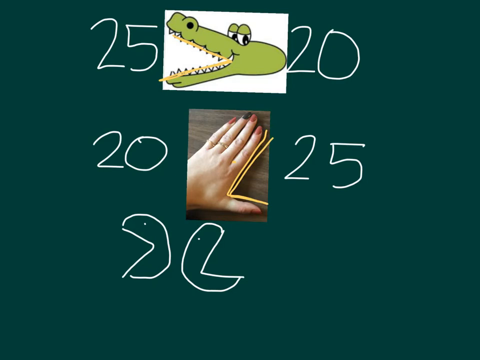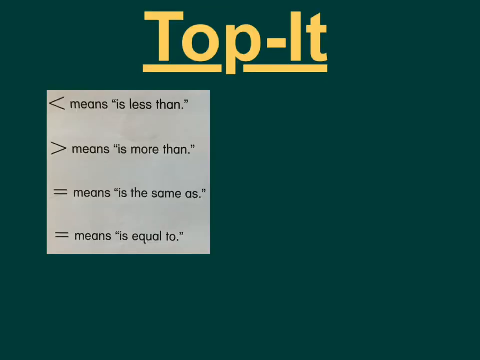And it shows when a number is smaller than another number, because 20 is smaller, or less than, 25. You're going to get a chance to use what you have learned about these symbols to play Top It.